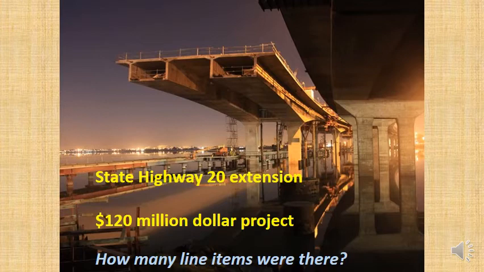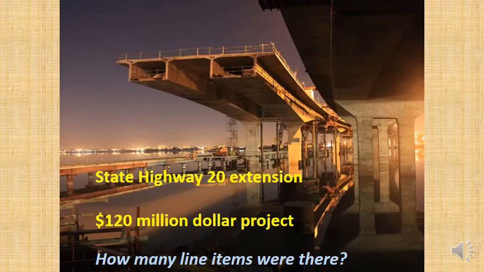And it had about 14 bridges in it. It was about 4 kilometres long, this motorway. It went over the harbour, as you can see there. And the total value of this project was $120 million. That's what the final estimate was, and that's actually what they ended up spending just about.